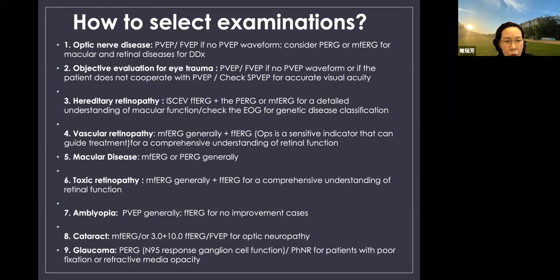We can also use ERG to evaluate our patient before cataract surgery, because older patients especially may have a lot of systemic disorders and complicated retinal disorders along with cataract. If we can evaluate before cataract surgery, we may know the prognosis.